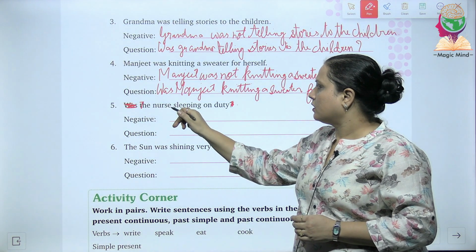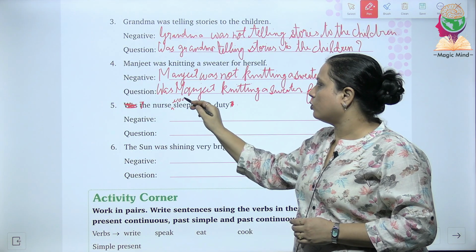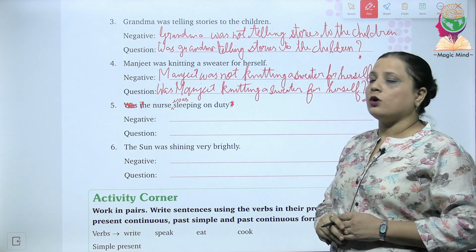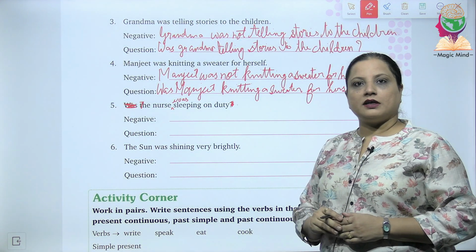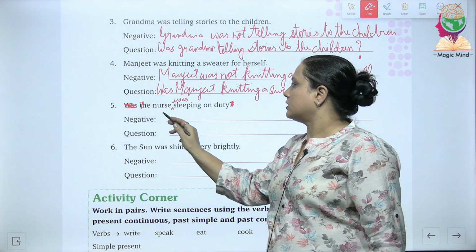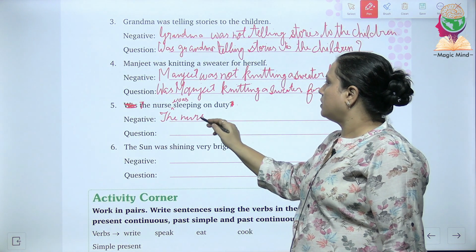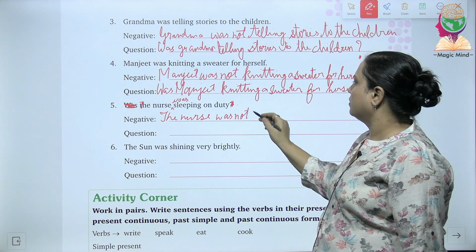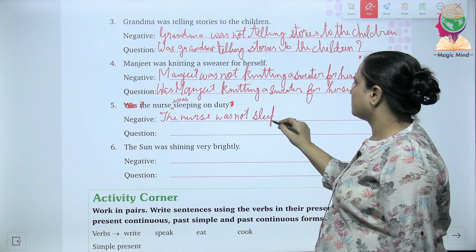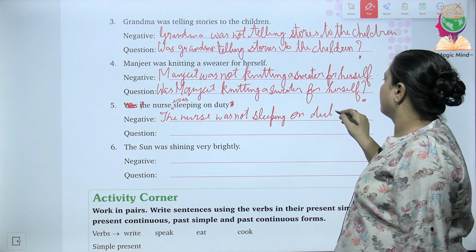The nurse is, or we will use was since we are talking about past tense. The nurse was sleeping on duty. What will be the negative sentence? The negative sentence will be the nurse was not sleeping on duty.